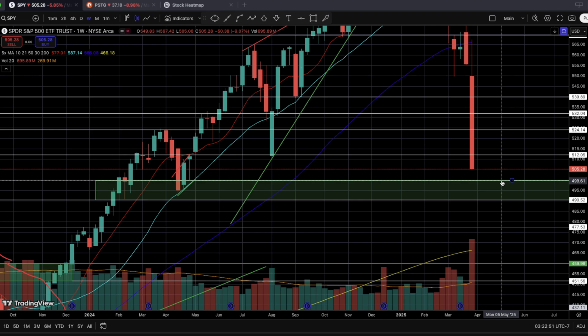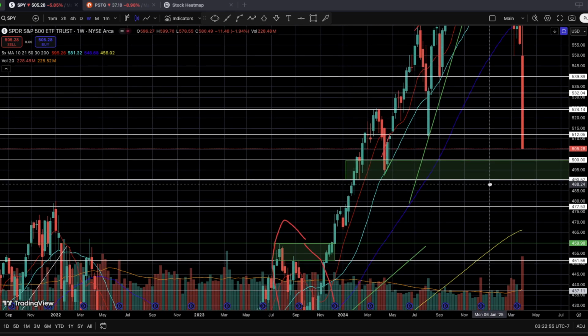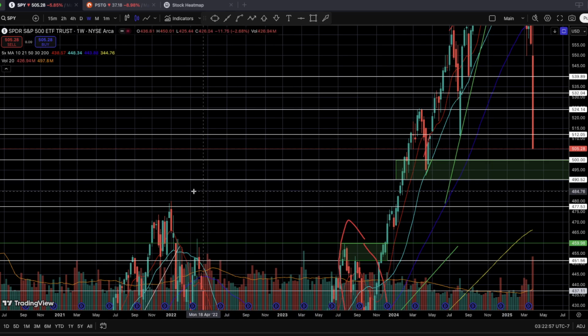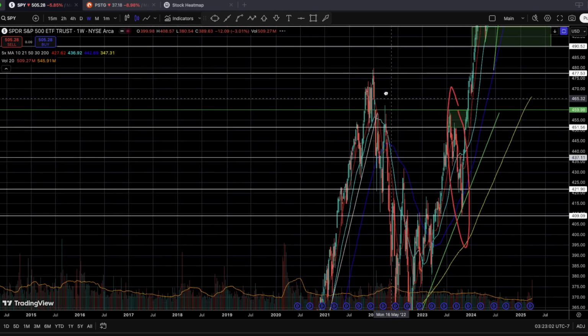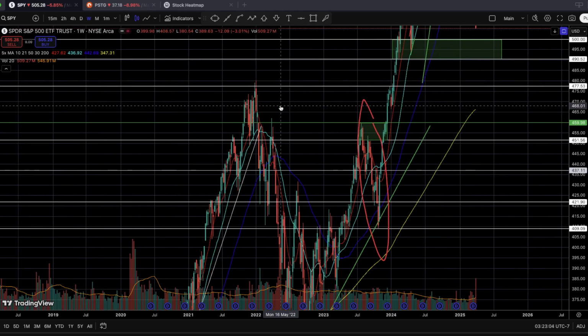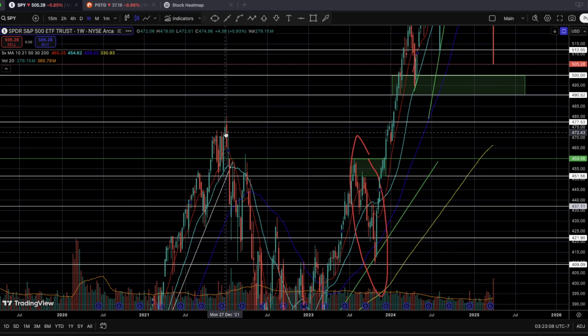Okay, now from a bigger picture perspective, there's still that possibility of the price to come all the way back down to this pivot high point that we saw in late 2021, right? And obviously early 2022 as well.